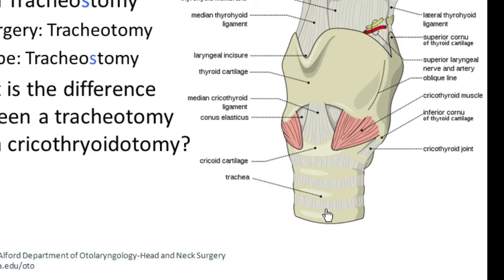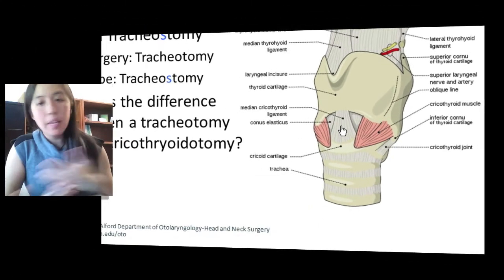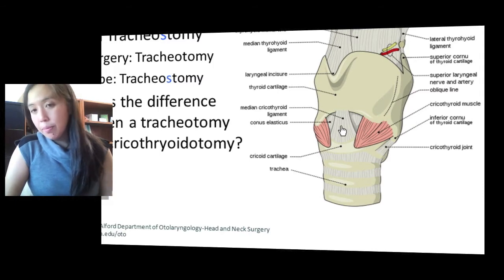Whereas a cricothyroidotomy is a hole placed between the cricoid cartilage and the thyroid cartilage in the cricothyroid membrane. The cricothyroidotomy is really a surgery meant for life-threatening, life-saving emergency only.